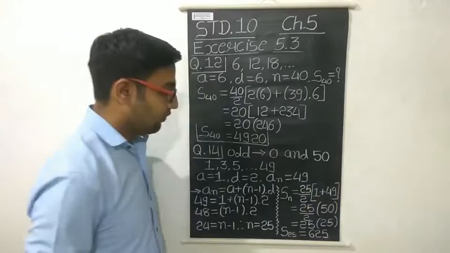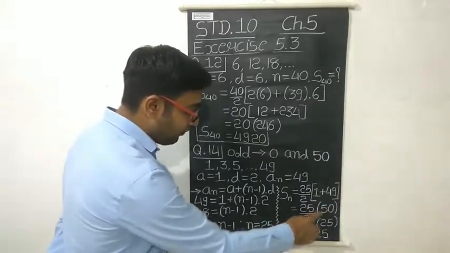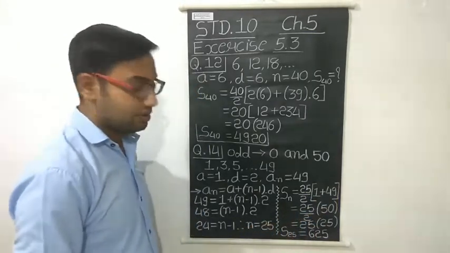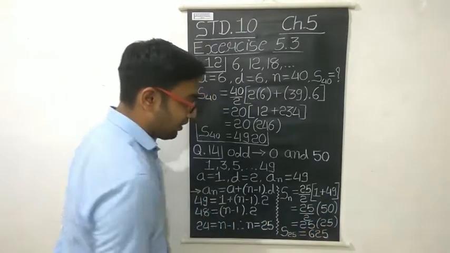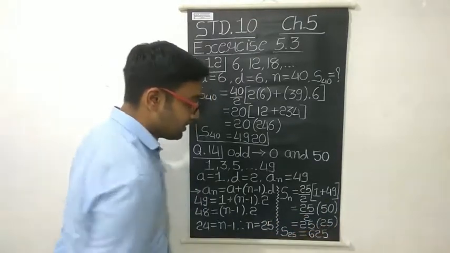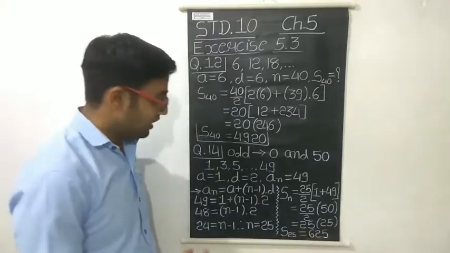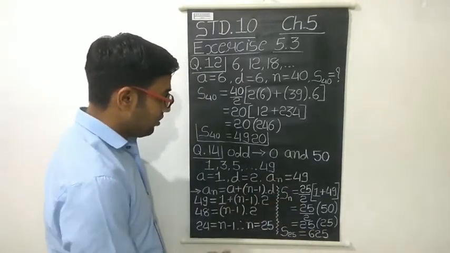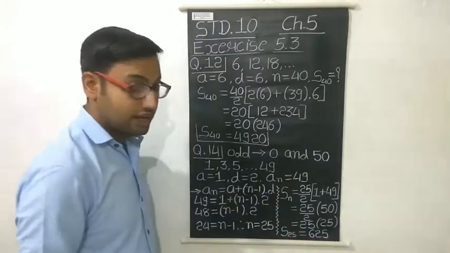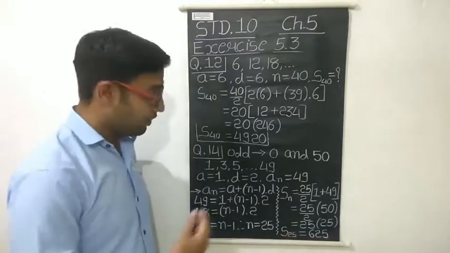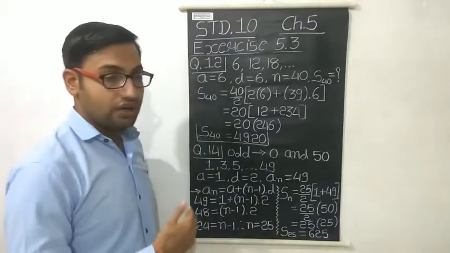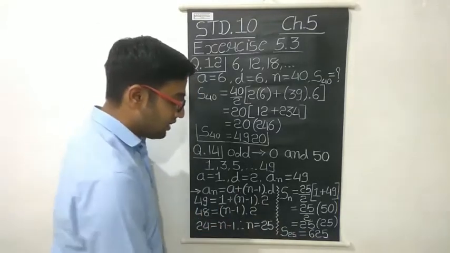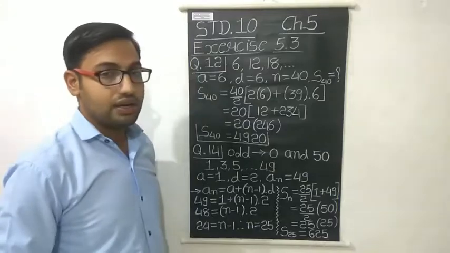This will give us 50. 50 divided by 2 is 25. So we get 25 and 25. And the multiplication of both these numbers is equal to 625. And this is the addition of the 25 terms, the sum of the first 25 odd numbers, that is equal to 625.